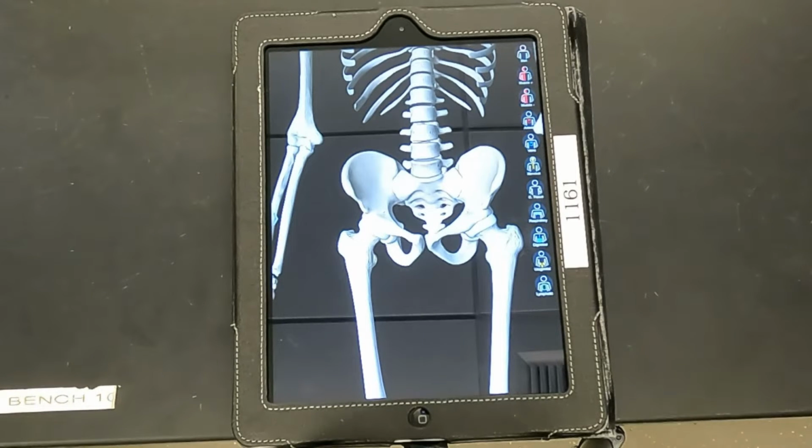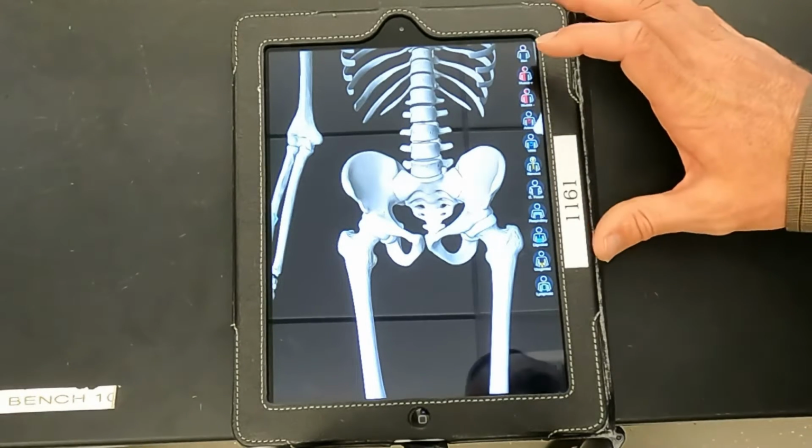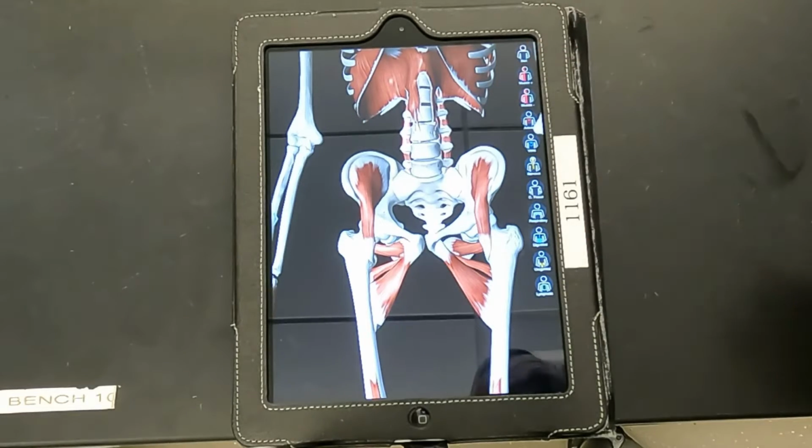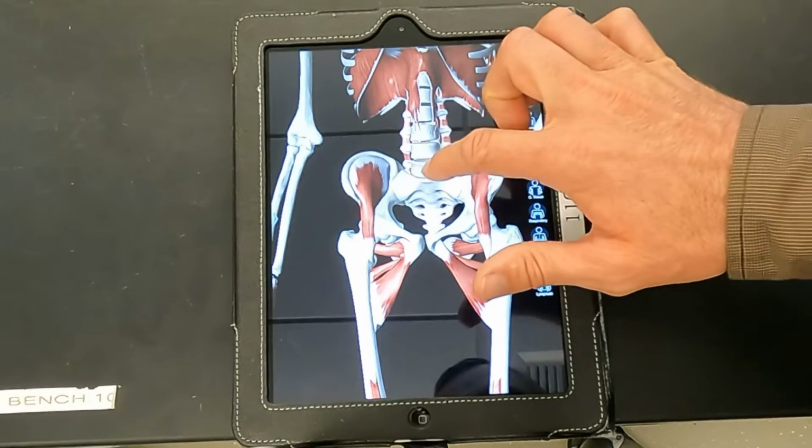And then lastly, the last hip muscles that I want to talk about are collectively called the hip flexors. So the gluteus maximus is responsible for hip extension. The hip flexors are responsible for the opposite, hip flexion. So if you go down to bare bones and add a layer of muscles, one of those hip flexors comes up right away.